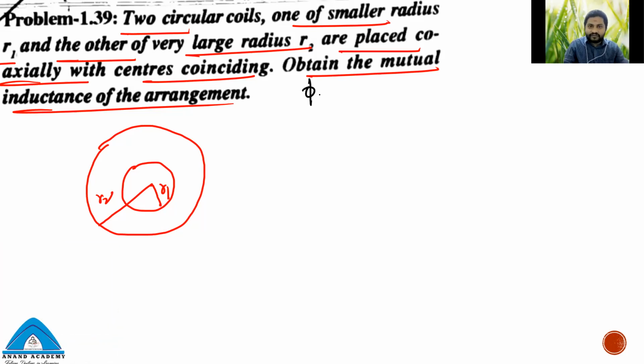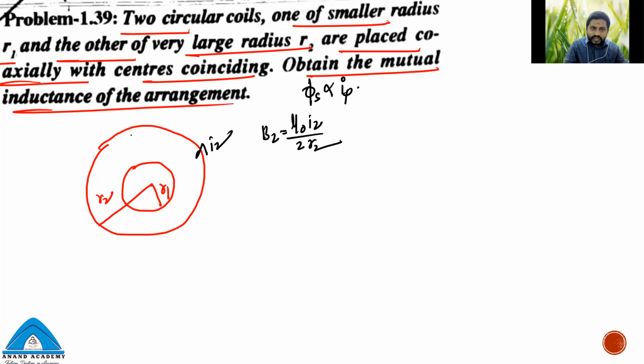Magnetic flux linked with the secondary coil is directly proportional to the current passing through the primary coil. Imagine this is my primary coil, carrying current I2. Due to this current, a magnetic field is produced, B2 is equal to mu naught I2 by 2 R2.